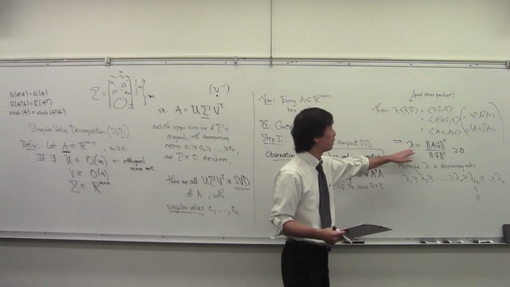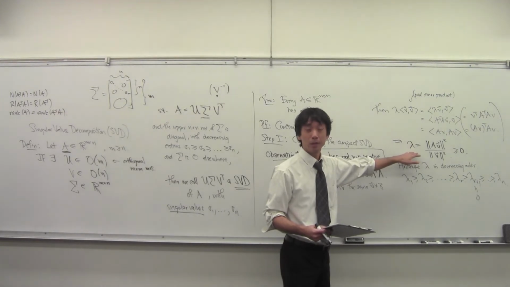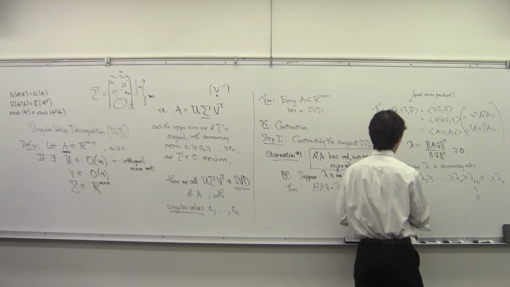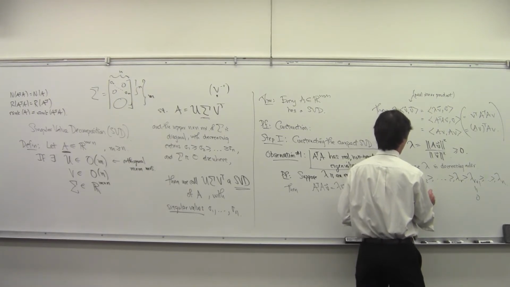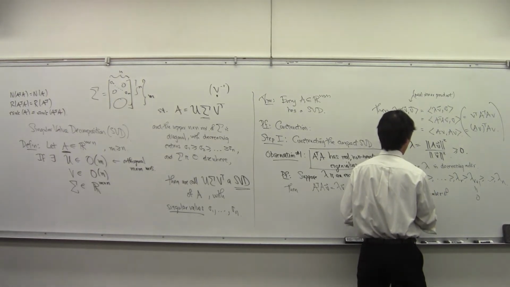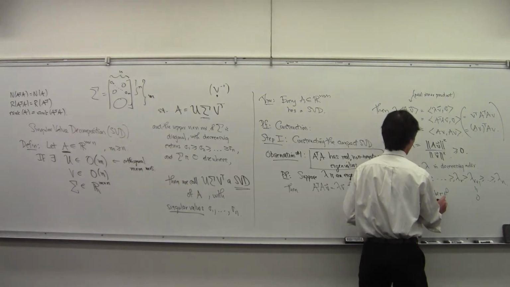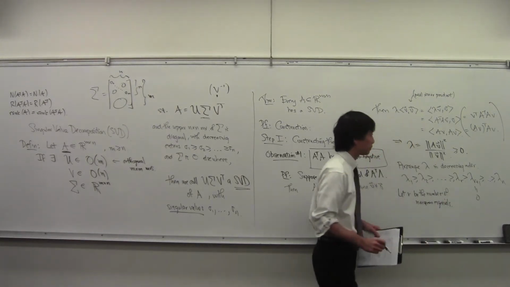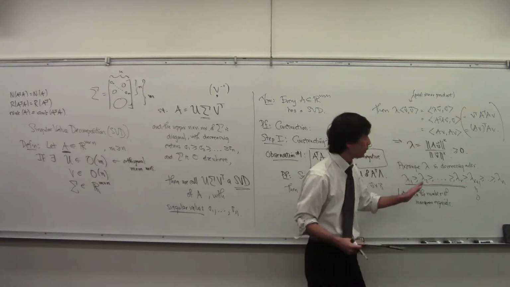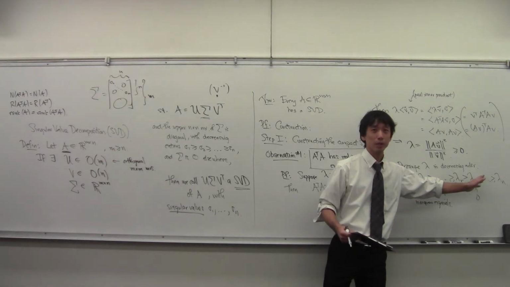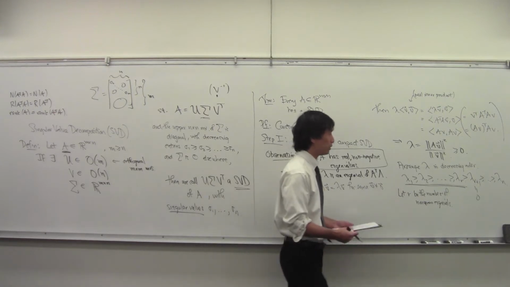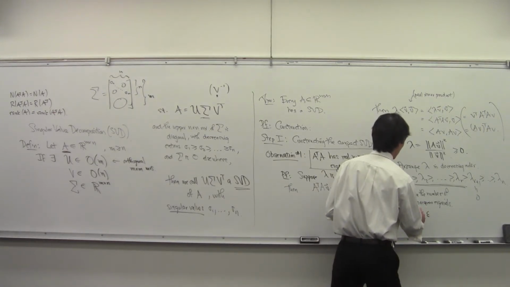There's going to be n eigenvalues. Some of them might be the same, but let r be the number of non-zero eigenvalues. So these are all non-zero, and then past that point, those are 0. So r is some number between 1 and n.